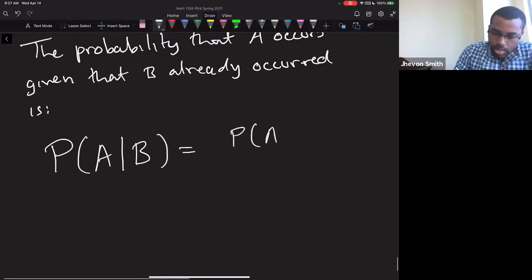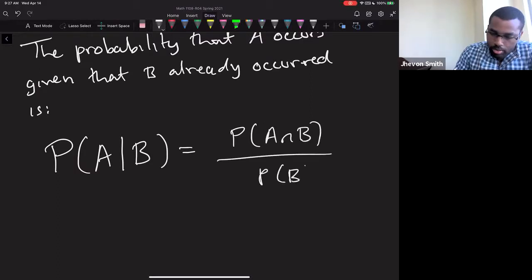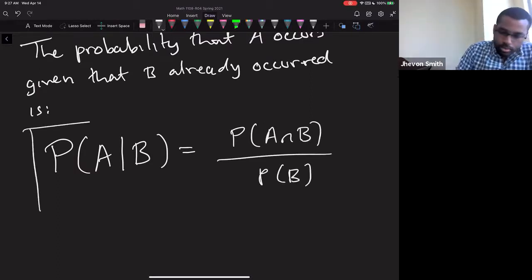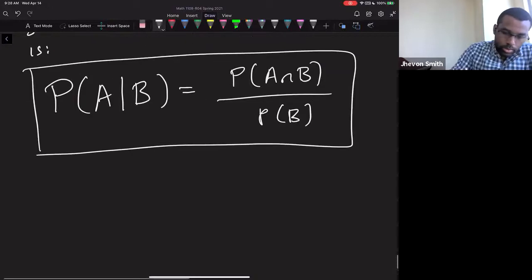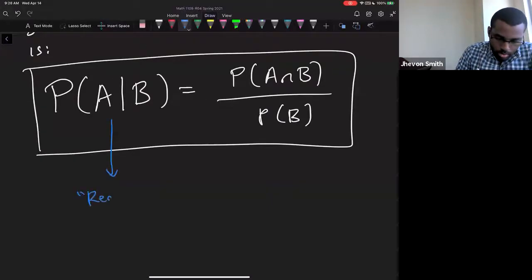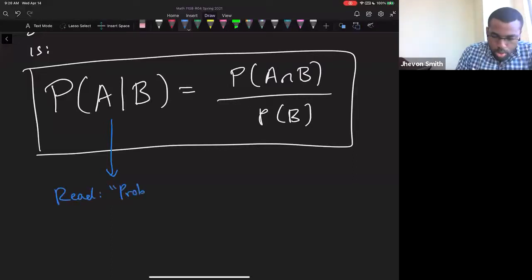And the formula is find the probability of the intersection and divide by the probability of B. This is the probability of A given B.